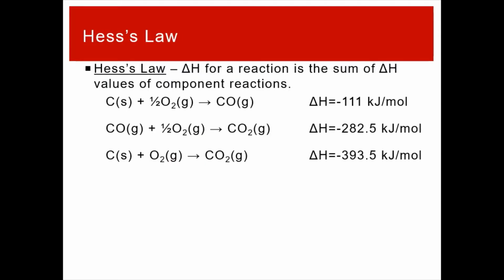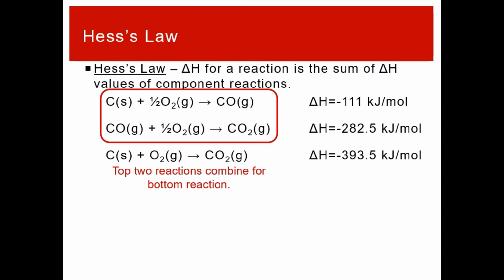So Hess's law says delta H for a reaction is the sum of the delta H values of the component reactions. All right, so if we take a look at it, these top two reactions are the small changes, right? Carbon becomes carbon monoxide, then that carbon monoxide reacts to give the overall carbon dioxide. Instead, it could just be the carbon and oxygen reacting all the way to give you carbon dioxide.